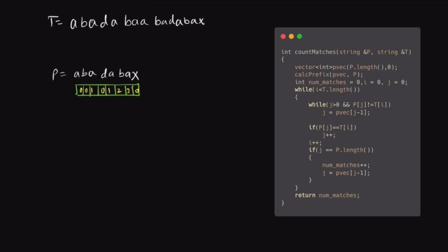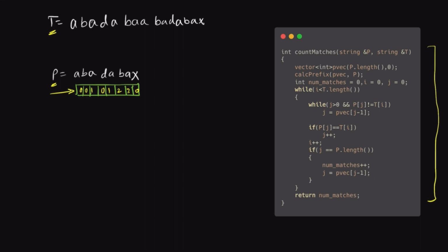So here we have the text in which we need to search the pattern given to us. And from the last step, we know that this is the prefix array that we got. Right now we will be tracing this algorithm, which finds how many times the particular pattern occurs in a text.